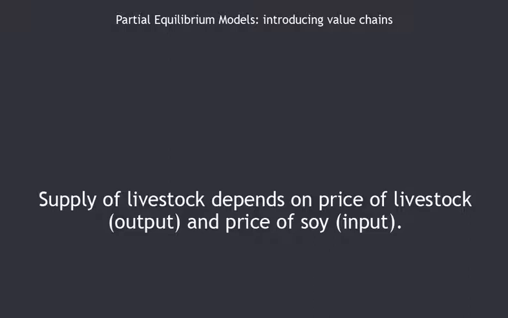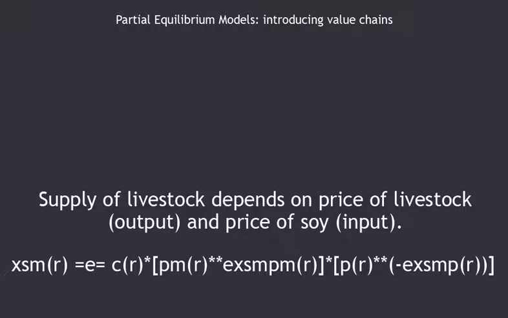More specifically, XSMR, the supply of livestock, depends on PMR, the local price of livestock in country R, according to an increasing relationship, business as usual. But it also depends on the local price of soy, PR, according to a decreasing relationship.